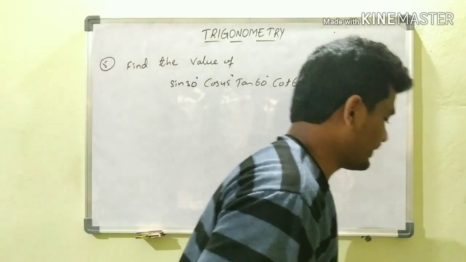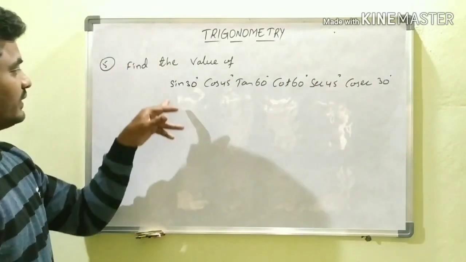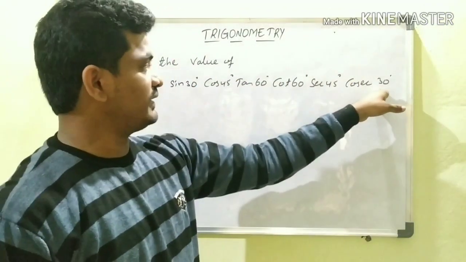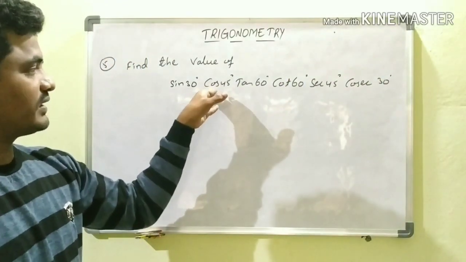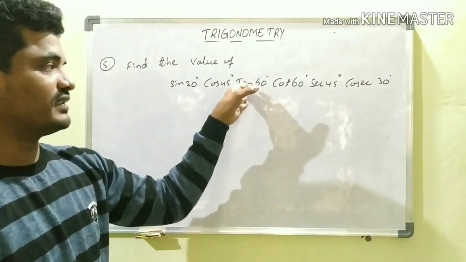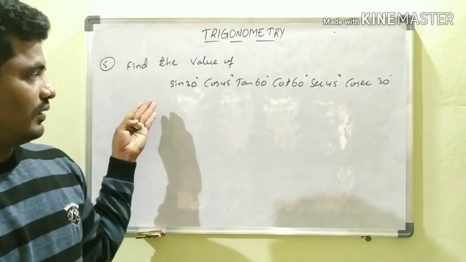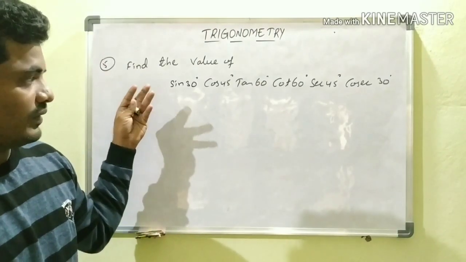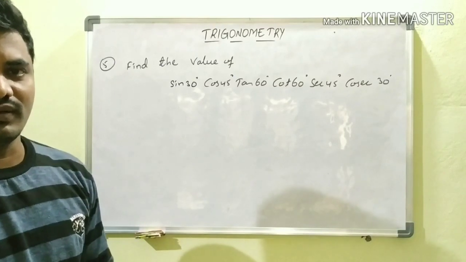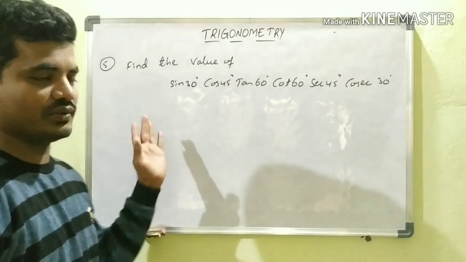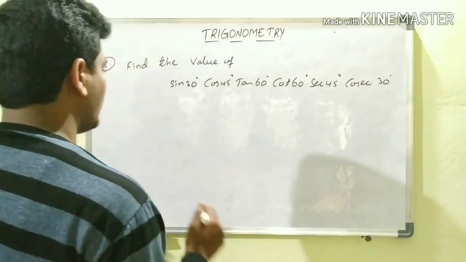Here all are given as reciprocals of each other. Sin is the reciprocal of cosec, cos is the reciprocal of sec, tan is the reciprocal of cot. By writing the reciprocals we can get the answer, and another method is by substituting the values also. So I am taking the first method.